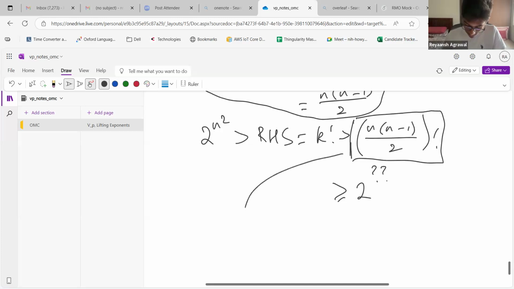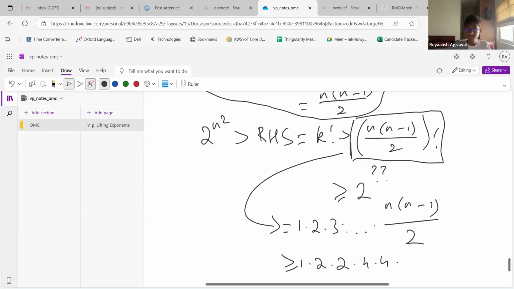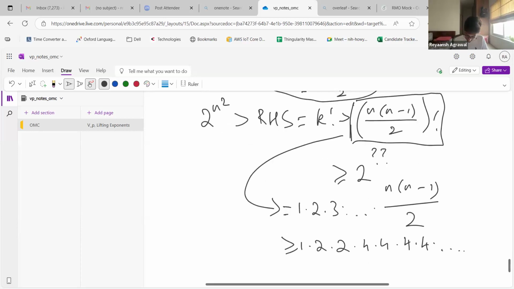So first of all, we have this is equal to 1 into 2 into 3 into so on, right? So I can now say that this is greater than or equal to 1 into 2 into 2 into 4 into 4 into 4 into 4 into so on, right? But that does not really give me a good bound, because what is this?